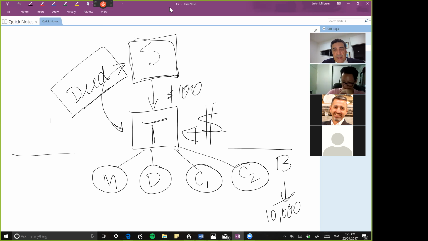In other words, if the second child says, hey, I didn't receive any money, or I didn't receive enough money, the appropriate response, if you're advising the trustee, is, well, that's just too bad, because C2 only has a right to call upon the trustee to make a decision. C2 can't direct or have a court direct the trustee as to how that decision should be made. And that is the nature of the discretionary trust. I hope that makes some sense.